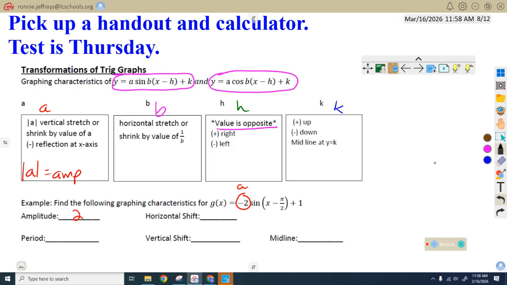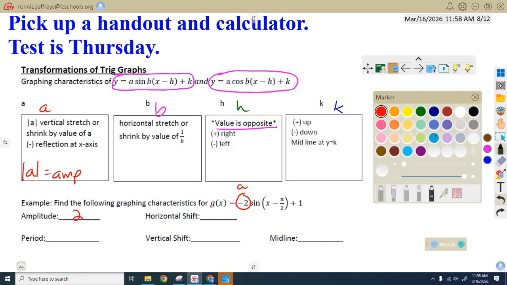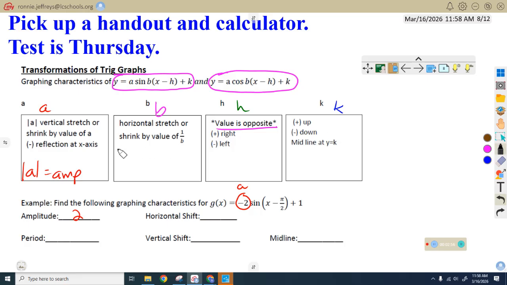Now, that would be B. So our B value is what is right here, okay? And that is the wrong color, isn't it? Sorry.